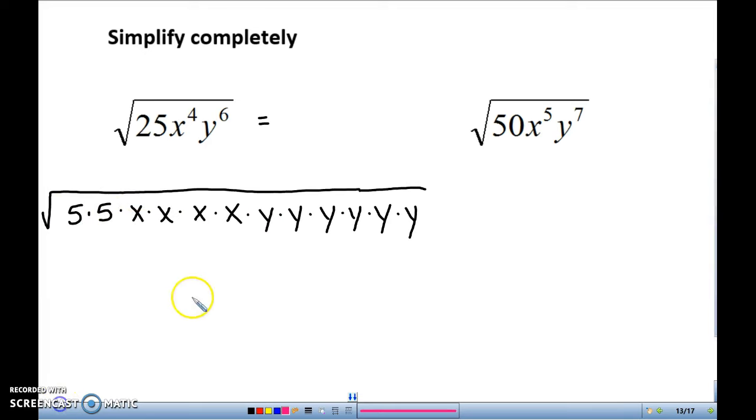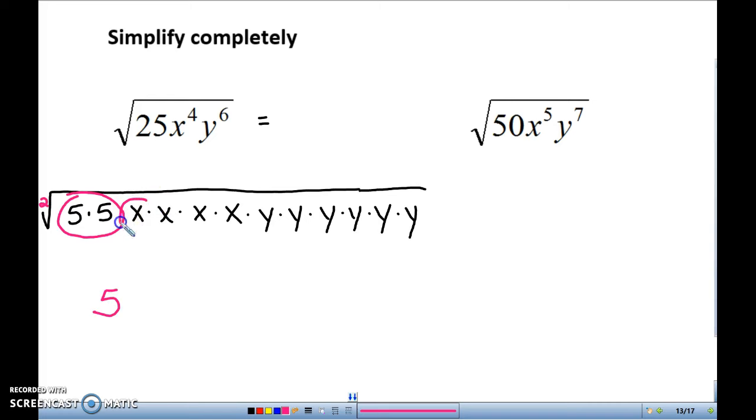Now, since this is a square root, my index here is 2. That means in order for any numbers to come out of the radical sign, I've got to group up pairs of 2. There's a pair of 2, so it comes out as a single 5. Well, y'all know the square root of 25 is 5. And that's how that works.